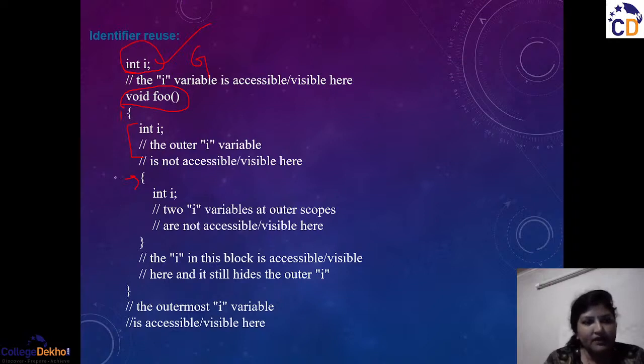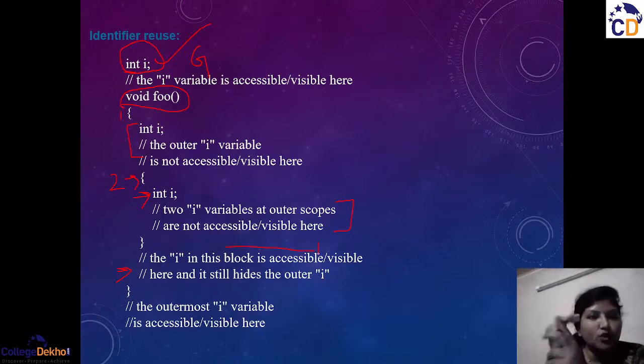Then the second block of the function reuses i, and we close it. This is the outer part for the second block and this is the outer block for the first one.